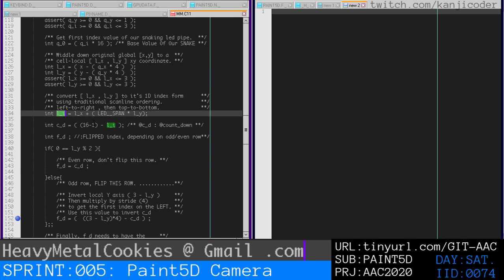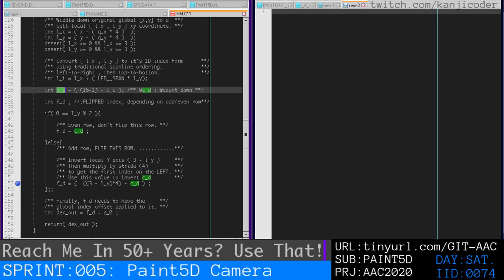Somewhere we already inverted the index, right? So we're counting down here. So CD is already counting down.